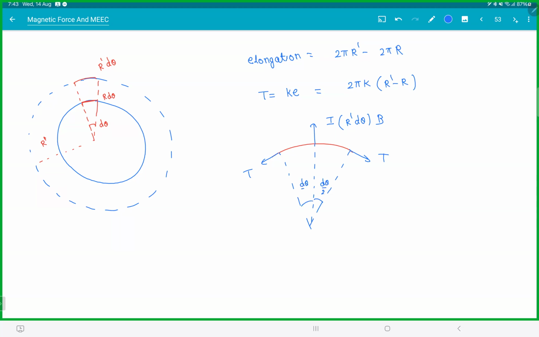I think first time we saw it in circular motion, then in elasticity, then in surface tension, then in waves also. This is the fifth time. This angle would be d theta by 2. So from here we'll get 2T sine d theta by 2. This should be equal to I into r dash d theta into B. For small angle, sine theta will be theta. This would be tension, which is 2 pi k into r dash minus r, equal to I r dash B.